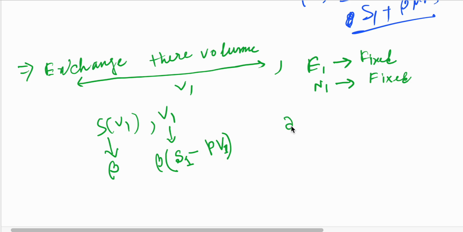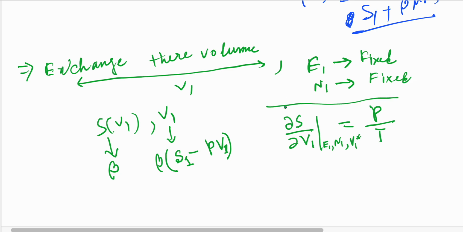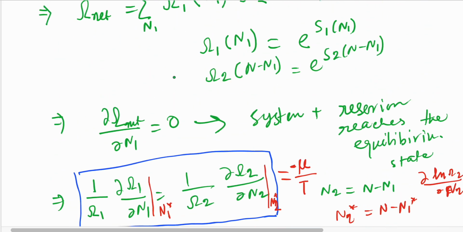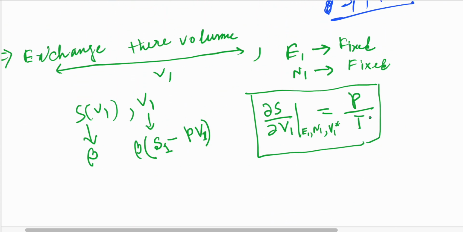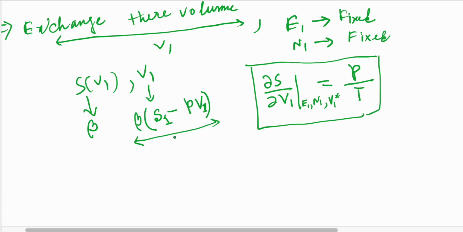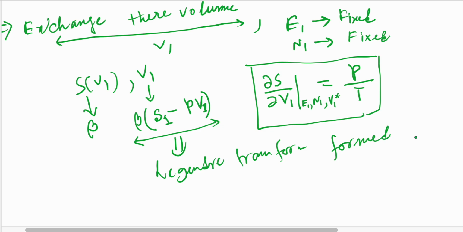Because I know that del S by del V1 with fixed energy and total number of particles, at equilibrium, that means at V1 star the pressure of the two systems will be equal, and this will become P by T. Now we can see from these two problems, it is straightforward that here it will come minus P into V by T. So if I take T common, this is the energy, this is the Legendre transform form of the entropy.